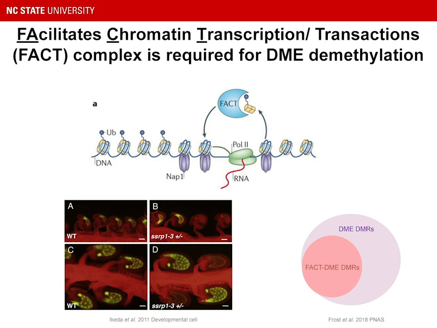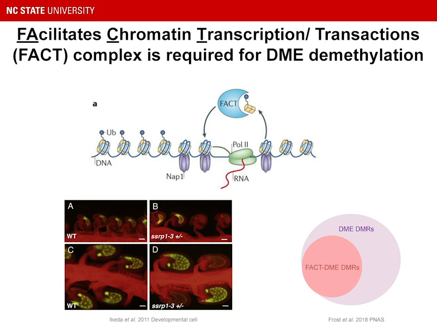So it turns out that there is a complex called the facilitates chromatin transcription complex. The FACT complex is required for DME demethylation. That was shown a while ago by a genetic study. If you look at wild type with the target gene, it's expressed in the central cell and after fertilization in the endosperm.